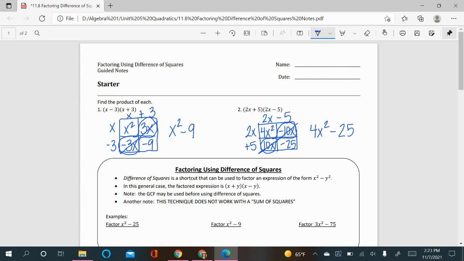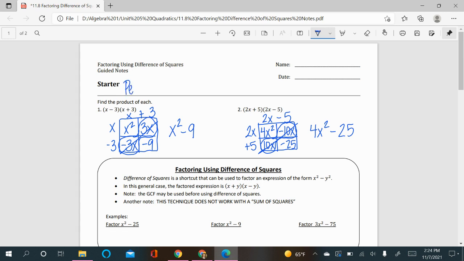If you notice, in both of these the middle terms canceled out. This is where difference of squares comes in. I'm left with an answer of x squared minus 9. 9 is a perfect square, and so is x squared. Over here, I have 4x squared minus 25. 4 is a perfect square, and so is 25.